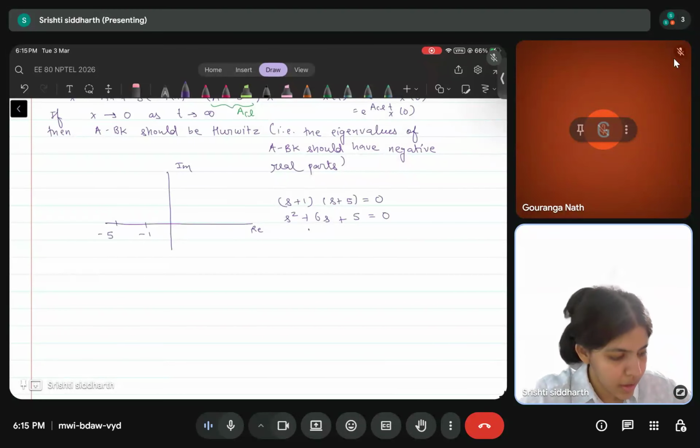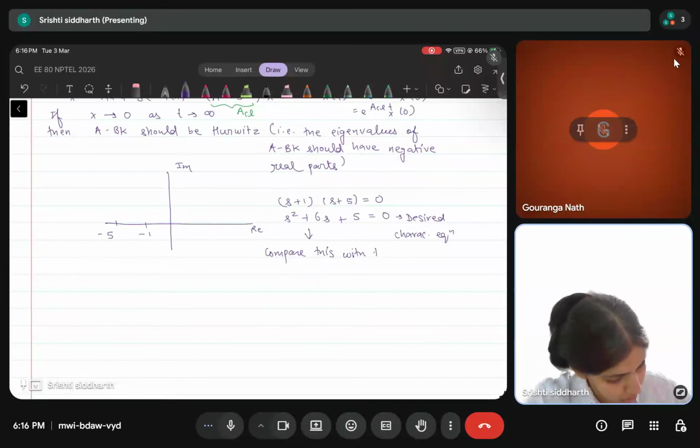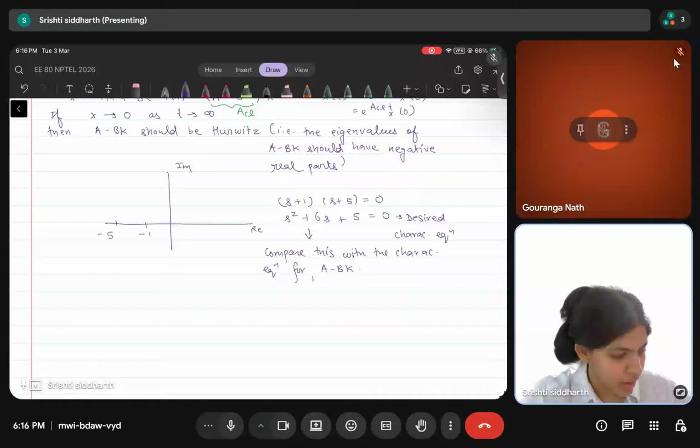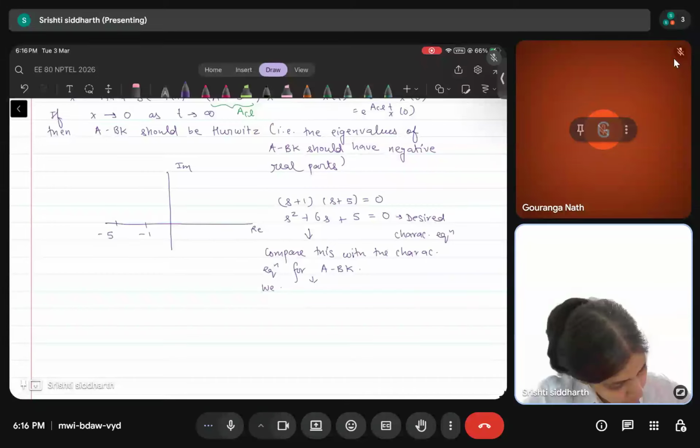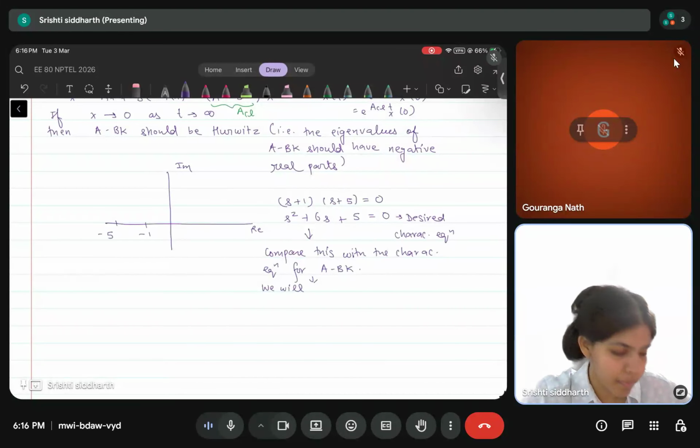We'll compare this with the desired characteristic equation for A minus BK, and by comparing the two equations, we will obtain the unknown values of K.